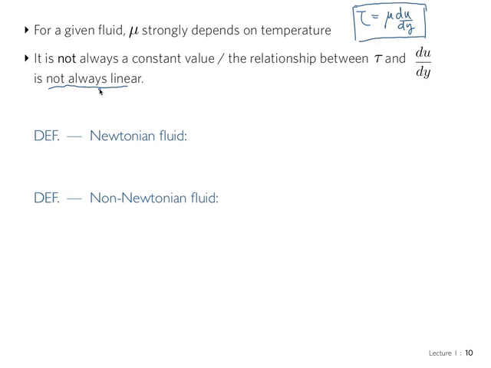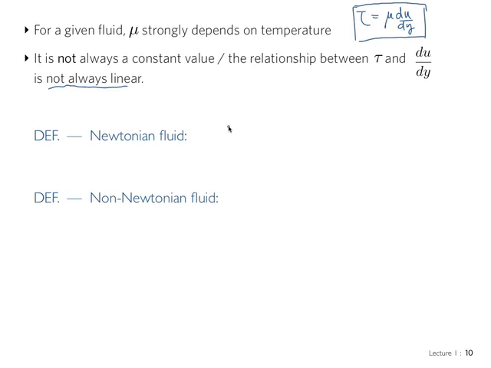But if you're involved in processing engineering and you have to design some equipment for toothpaste or ketchup, then you will find that the relationship between stress and strain is not linear for those fluids. So what is the definition of a Newtonian fluid?